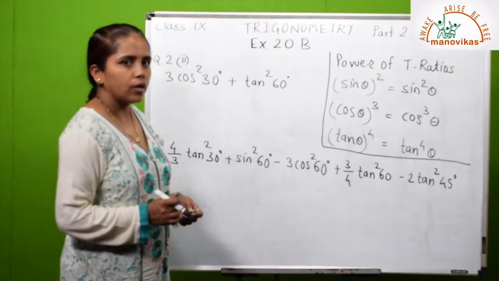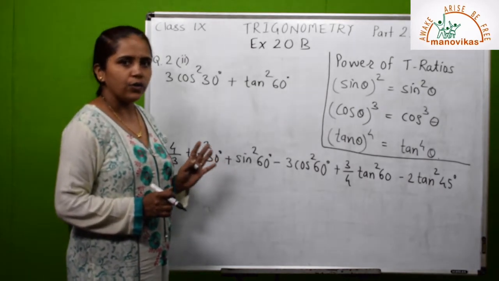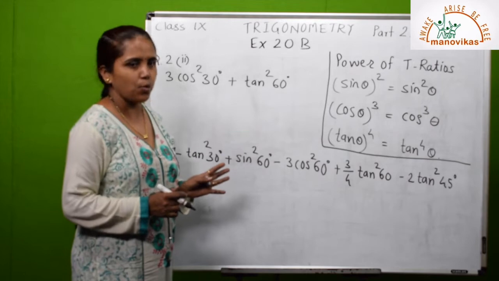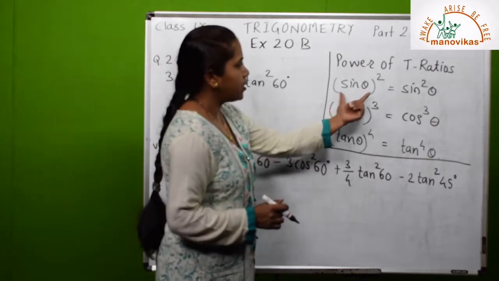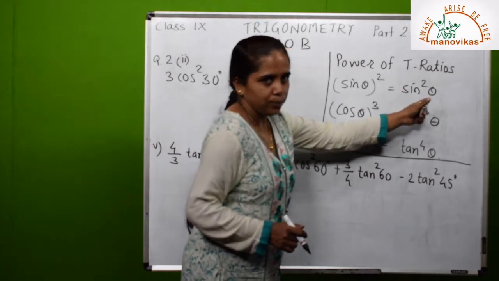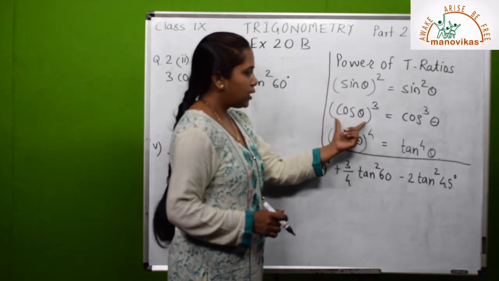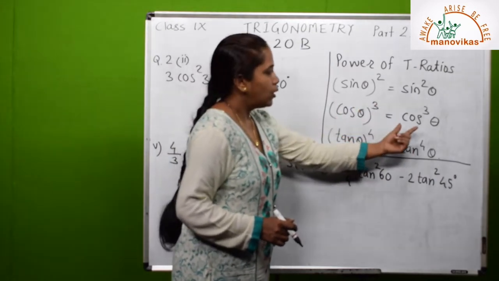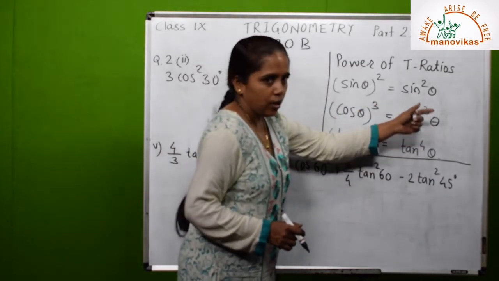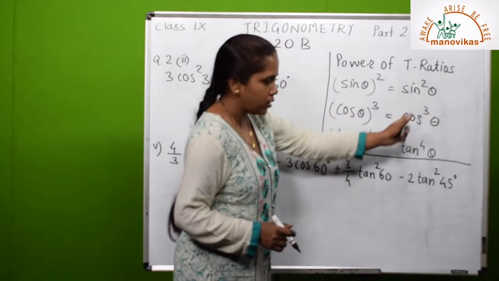Now one more thing about the T ratios: how to represent the power of T ratios, that is the exponent. For example, sin theta square we can write as sin square theta. This is the power 2 of sin theta. Similarly, cos theta cube is cos cube theta. First write down the power and then theta, whatever angle is there.